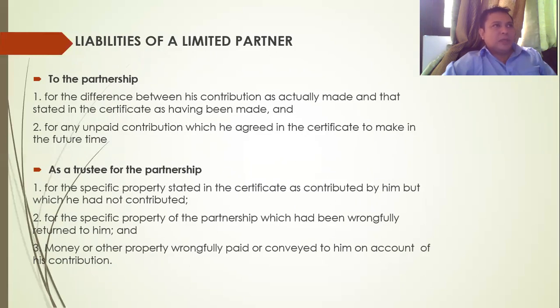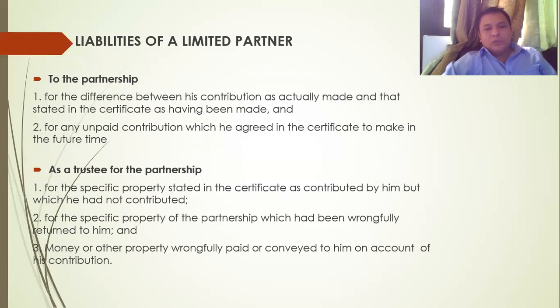So in some cases, limited partners would agree that they would contribute additional contribution in the future. Number three, liabilities of a limited partner as a trustee for the partnership. So this time he becomes a trustee. Now, trustee is very tricky because if not complied with, the person becomes liable as a criminal.